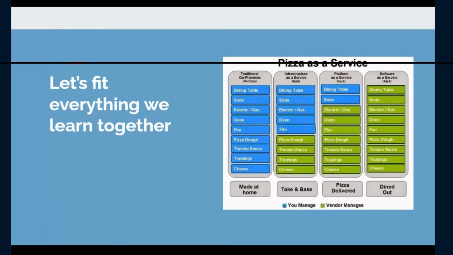Pizza delivered: you need only a dining table and soda, so the others are ready. That is like platform as a service. Dine it out, you don't need anything. This is like software as a service. You can go to the restaurant, get the table and food there, and just pay.